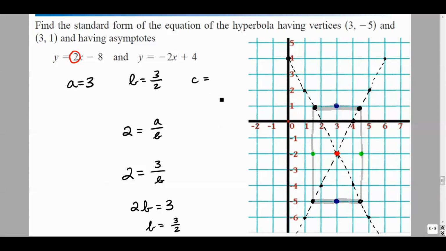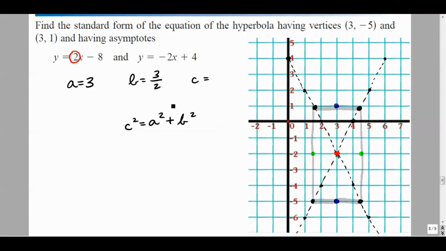So b is 3 over 2, and to get the c value, all you need to do is use your rule in the hyperbola, the fact that c squared is equal to a squared plus b squared, and that'll give you the distance from your center to your foci. So let's figure that out. 3 squared is 9. 3 over 2 squared is 9 over 4.